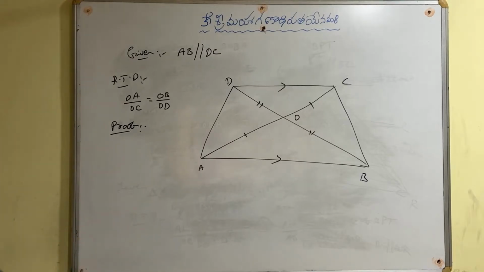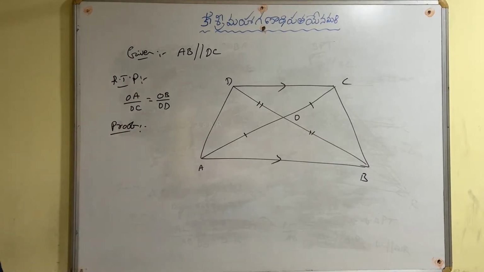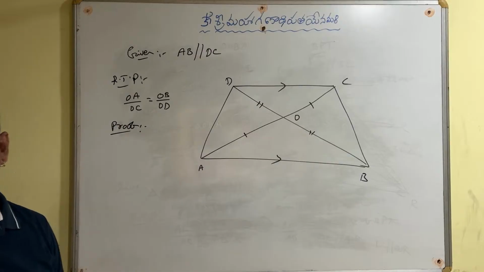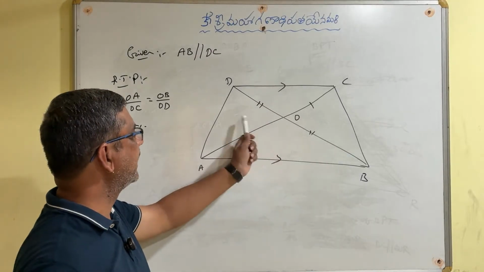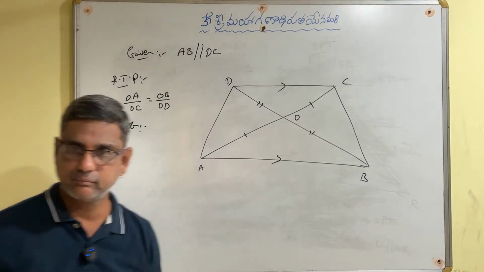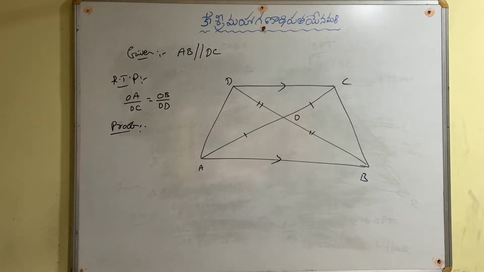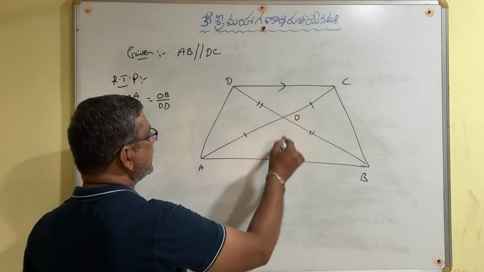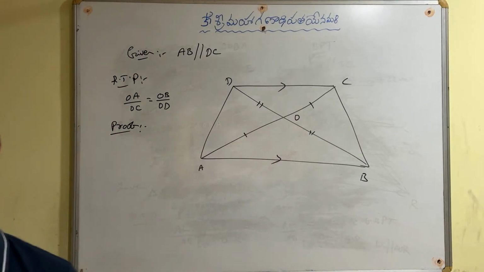The four sides given in the RTP are representing two pairs of triangles. One is this pair, the other one is this pair. If we prove either this pair or this pair is similar, the problem is done.